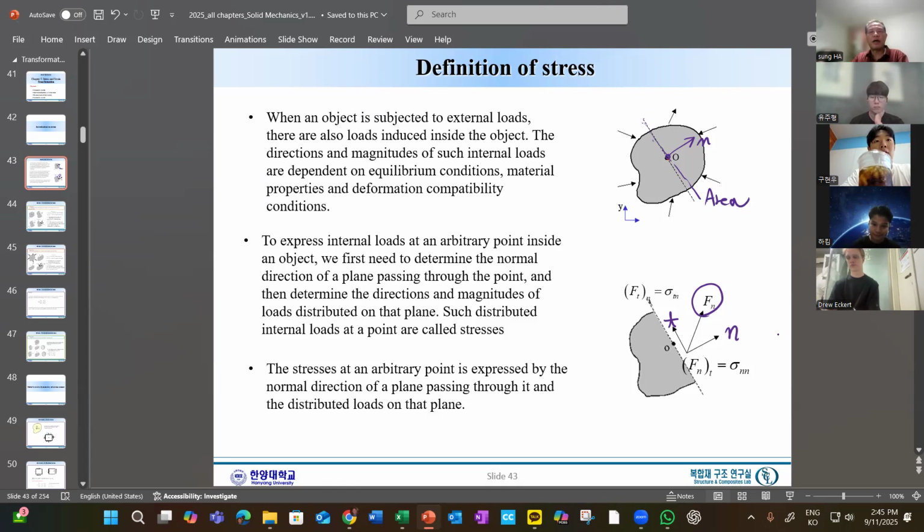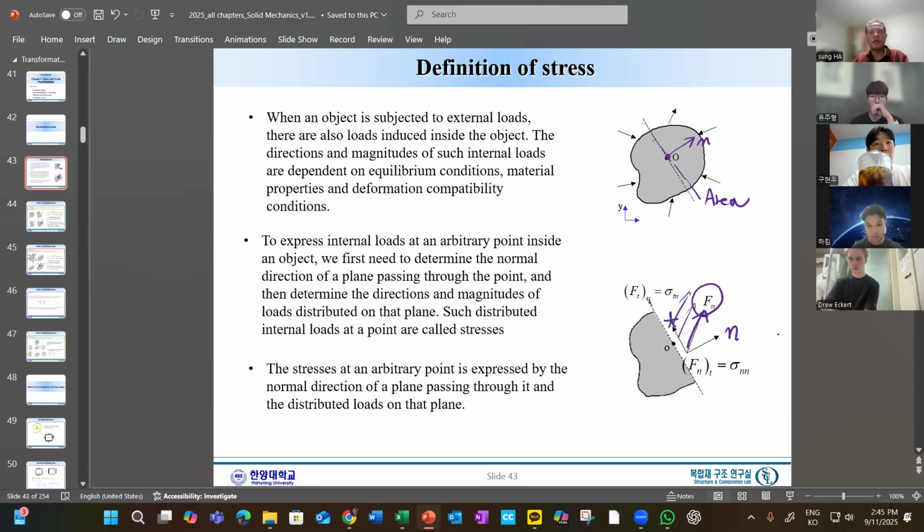Once we have a cut, there will be a certain force, and we call it Fn. Why do we call it Fn? Because this is n, and there will be a distributed force. Actually, this is not a point force.